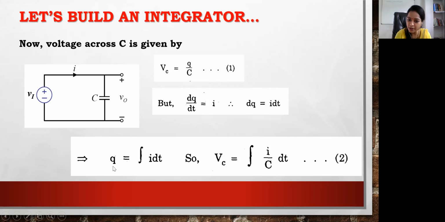If we put this value of q in equation number 1, we get the output voltage across the capacitor, which is equal to the integration of I by C dt. Is it okay?